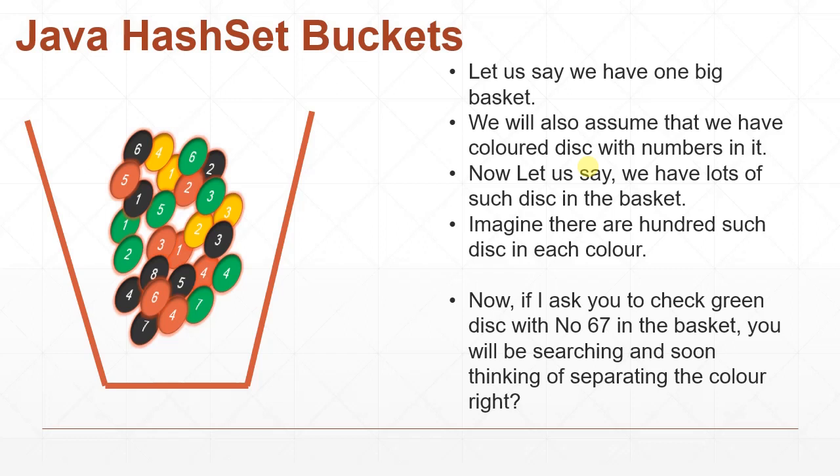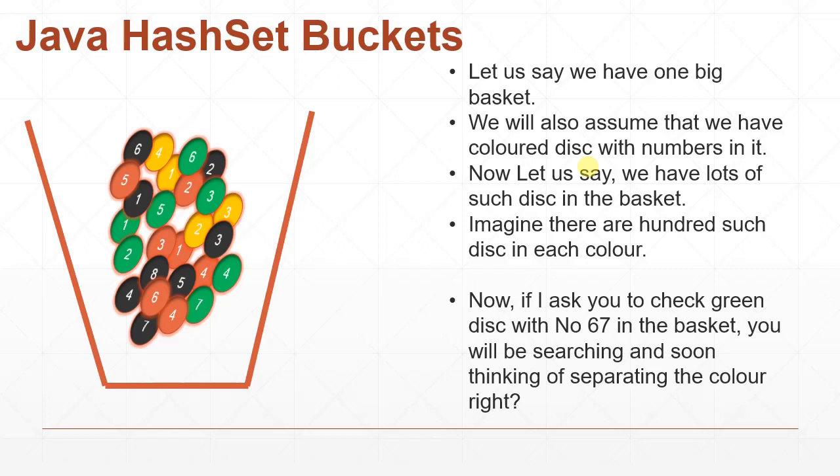You will be searching the basket for green color disks, looking for the number 67. While your search is going on, you will immediately find that it is tough if all the disks are mixed here in one single basket.